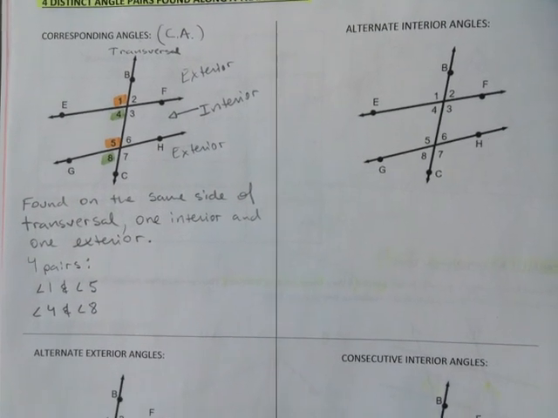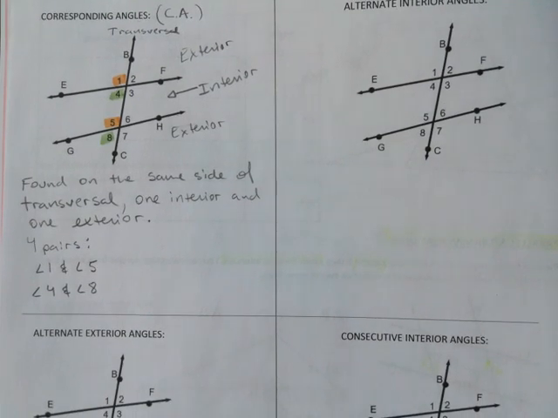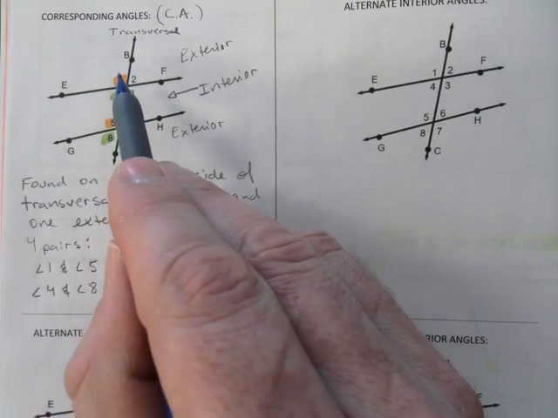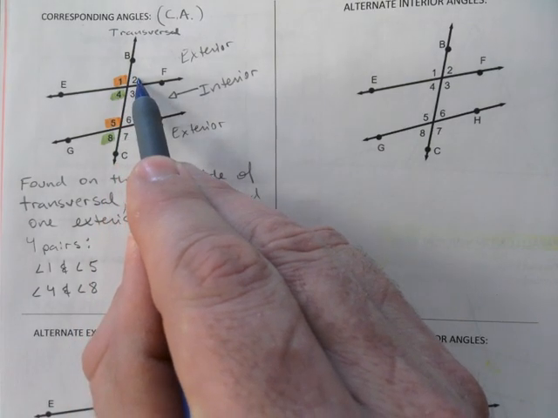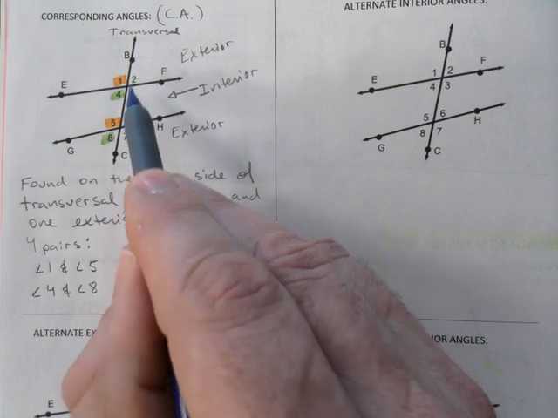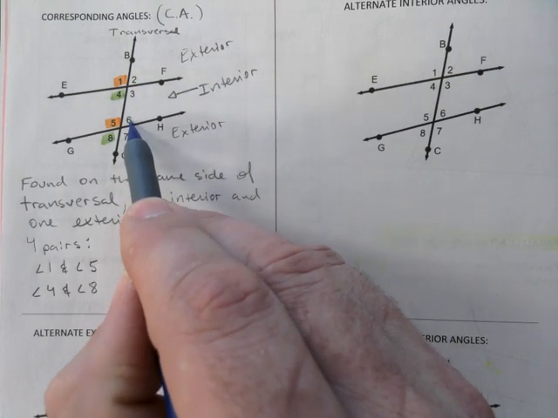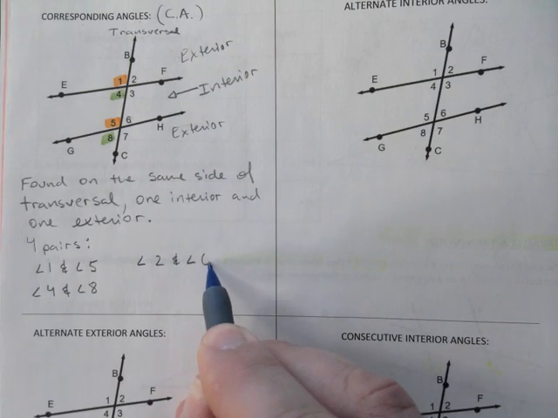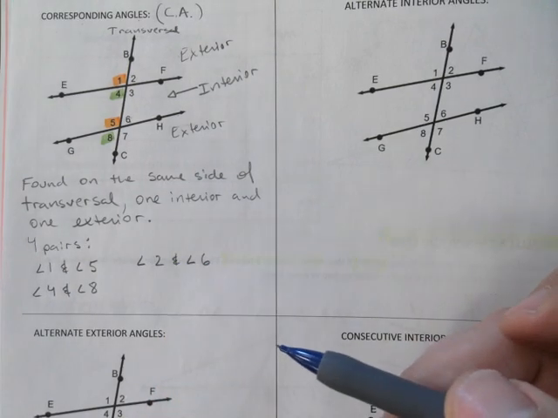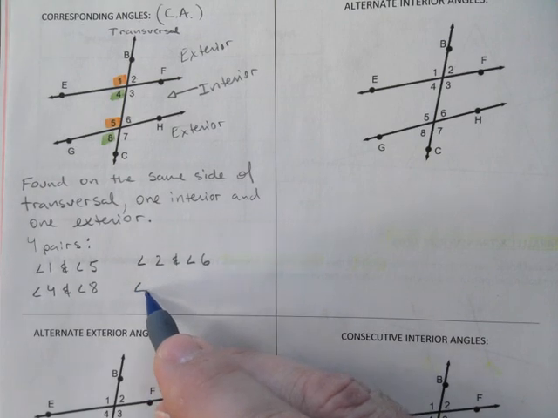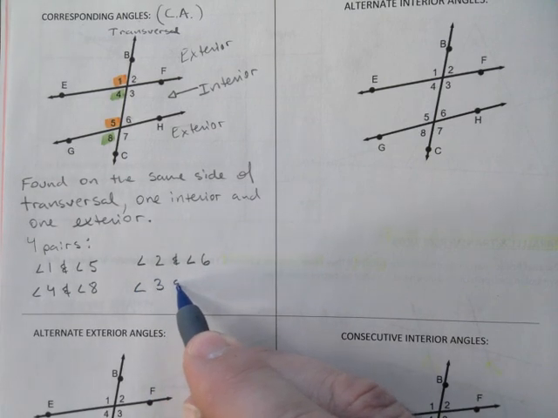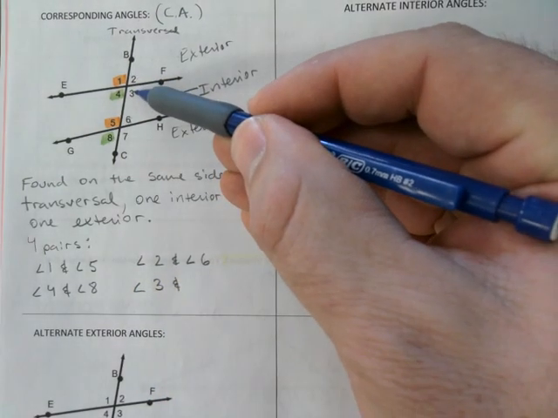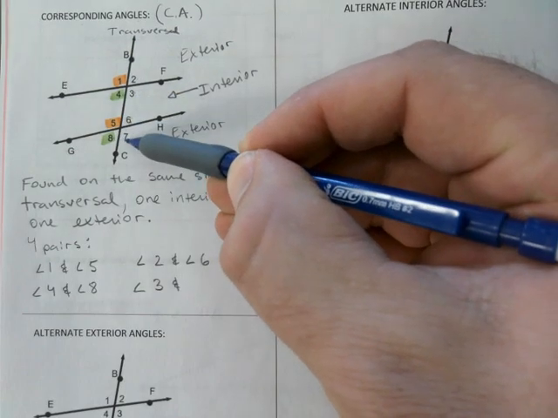Let me move this up a bit. And I think I'm going to leave it at that. But now if you go to the other side of the transversal, 2 would be corresponding to 6, right? 2 and 6, so angle 2 and angle 6, as well as angle 3 would be corresponding to 7.